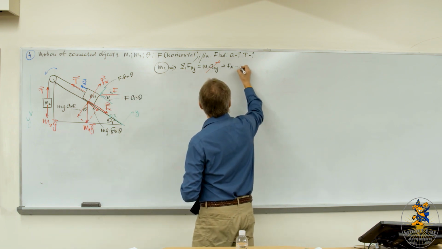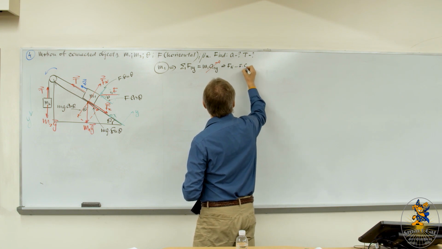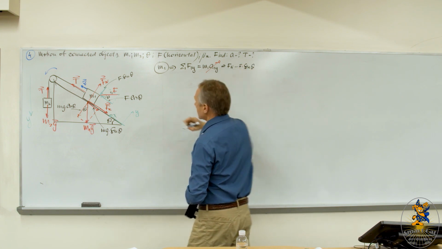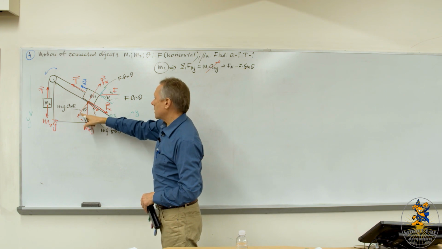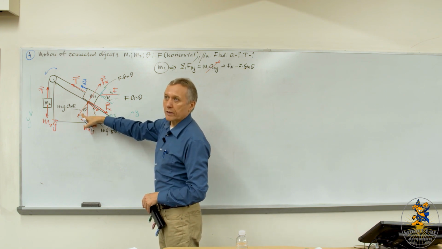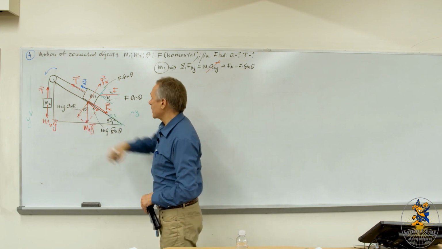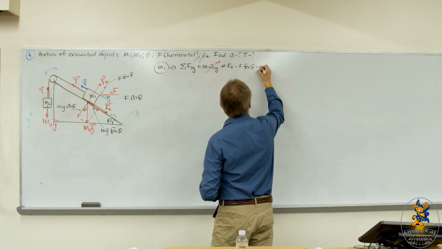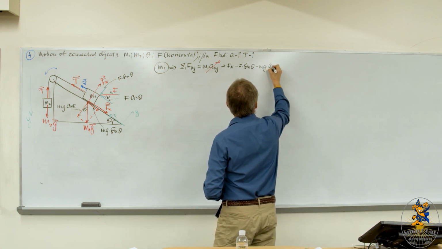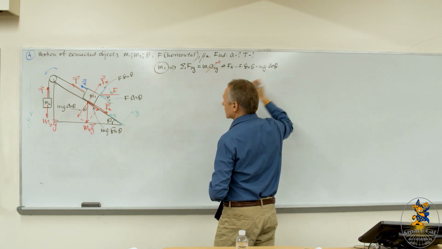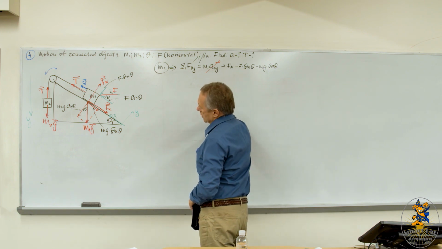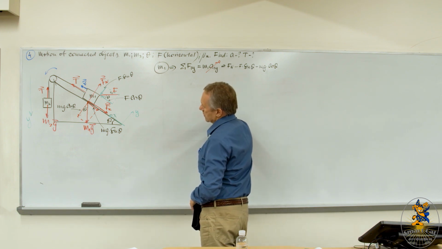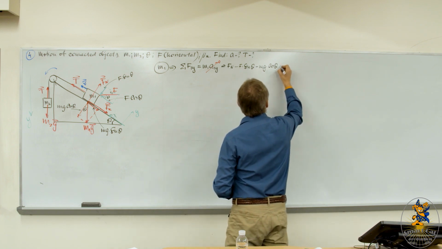So it's minus F sine theta. Then the component of the gravitational force is also negative. So it's minus mg cosine theta. Right. And I think that's it, right? Equals 0.